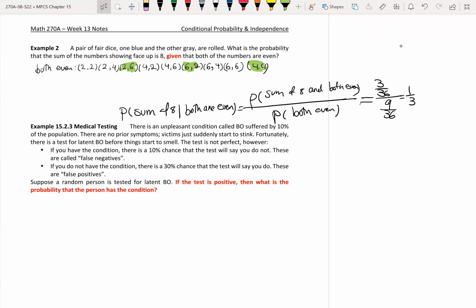However, if you have the condition, there is a 10% chance the test will say you do not. So that's a false negative. And if you don't have the condition, there is a 30% chance the test will say you do. So that's a false positive. So what's the question? If the test is positive, then what is the probability that the person has the condition? The person is actually sick.